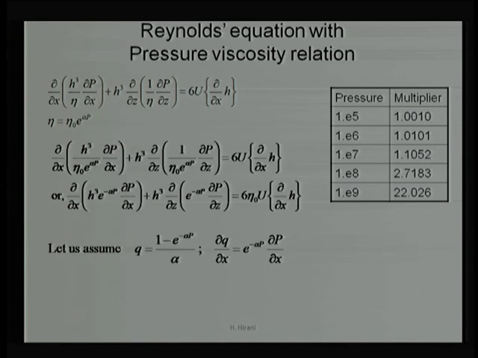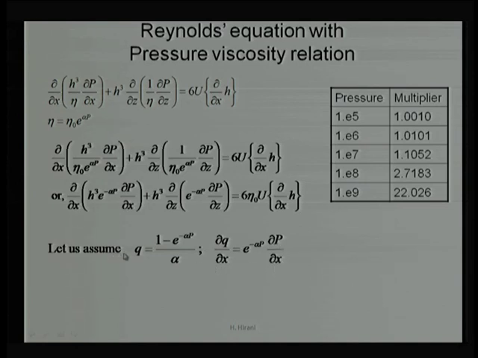What is the reduced pressure? We say reduced pressure is q, and q can be represented as 1 minus exponential minus alpha p, divided by alpha. Now, what is the advantage of this assumption? When we differentiate q with respect to x, the minus and minus cancel out, so we get e power minus alpha p times the pressure gradient in x direction.